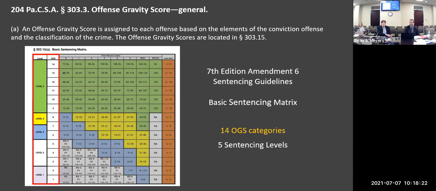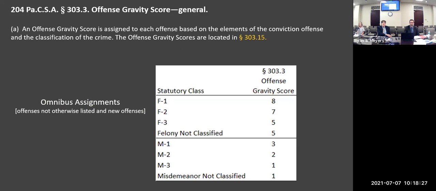These are divided into 5 sentencing levels. We now make use of omnibus assignments for offenses that are otherwise not listed, or new offenses, to place them onto this matrix, so that, for example, an F1 offense might receive an omnibus offense gravity score of 8. An M1 might receive an OGS category of 3.